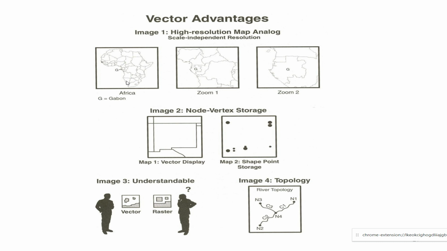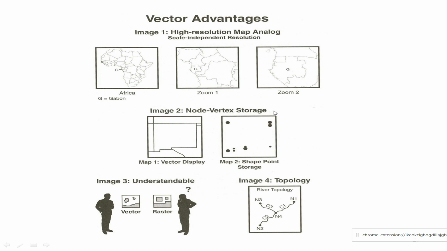See here, vector advantages, high resolution map analog, how it is showing. If you see this here, Africa, if you zoom in vector, you'll be able to see the scale independent resolution. In raster, if you zoom, pixels will show and resolution will go, but for vector, no problem with the scale.